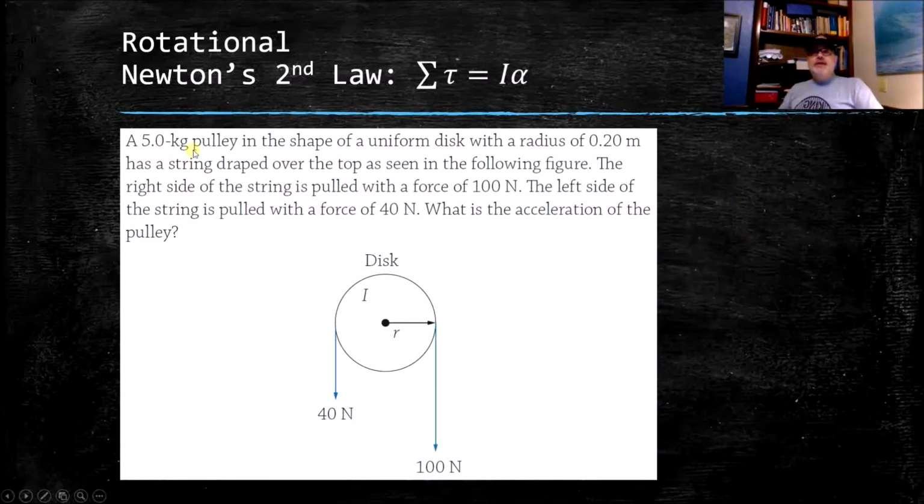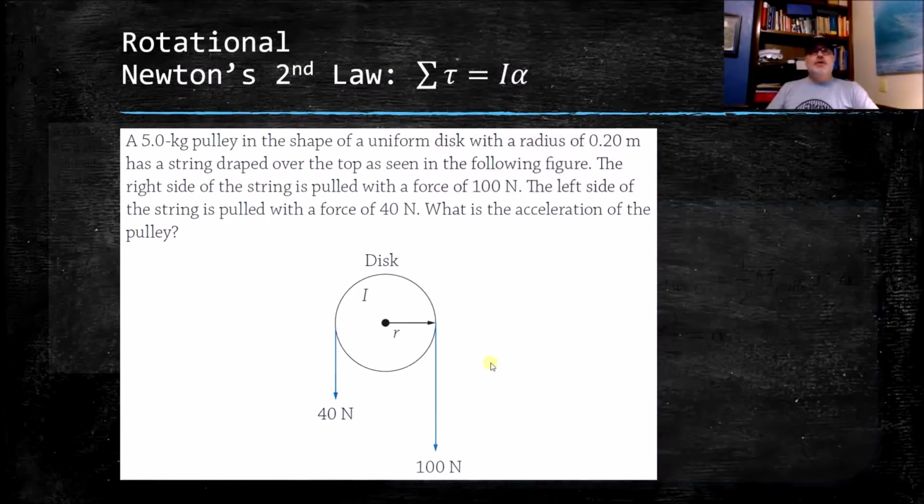We have a 10 kilogram pulley that's in the shape of a uniform disc, and it has a radius of 2 meters. They have a string draped over the top, as shown in the figure. One side's pulling down with 100 newtons, the left side's pulling down with 40 newtons. What is the acceleration of the pulley? All right, so this one is producing a clockwise torque. The 40 is producing a counterclockwise torque.